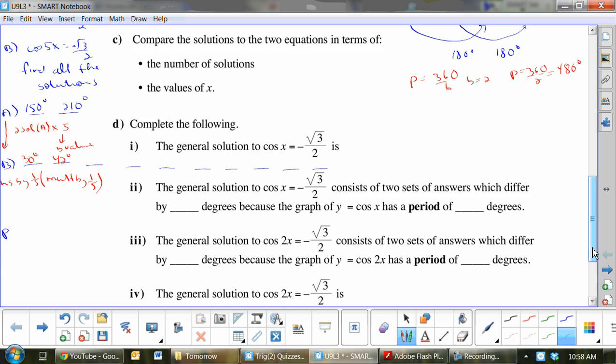Okay, your period is 360 divided by 5, which equals 72 degrees. So you've got to add 72 here. So your next value should be 102.